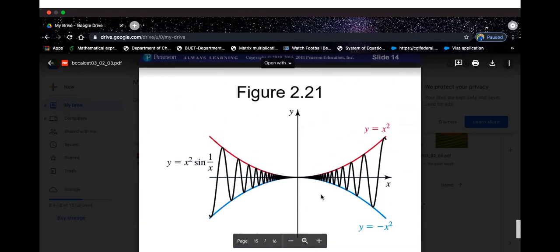So if we are looking for the limit of these functions at 0, when x tends to 0, the limit of this function is 0, right? And the limit of this function is also 0. Since they match with each other, when x tends to 0, the limit of this function will also be 0.